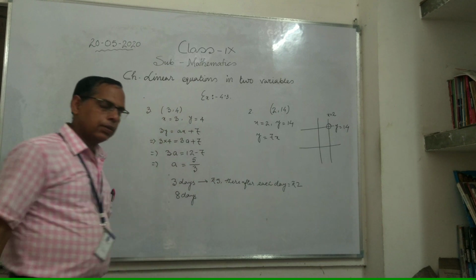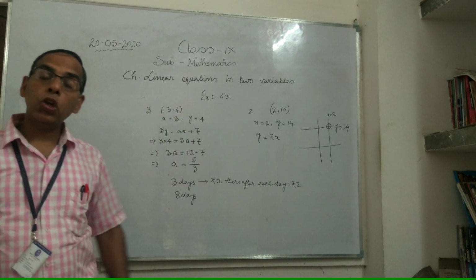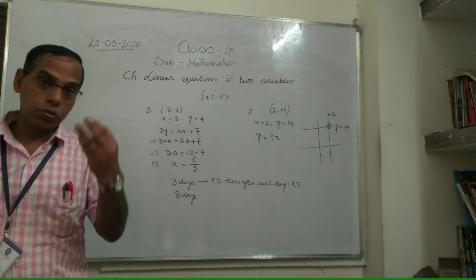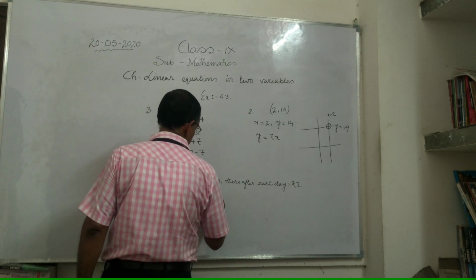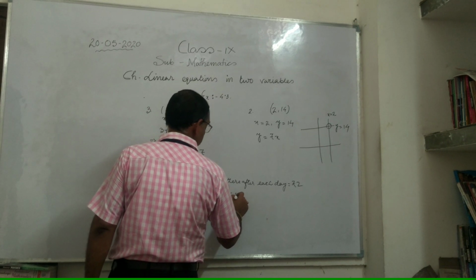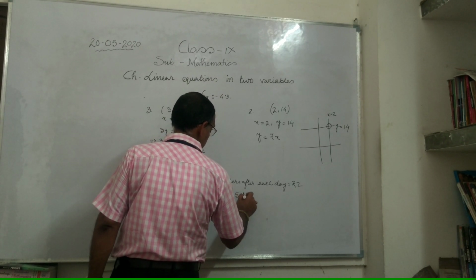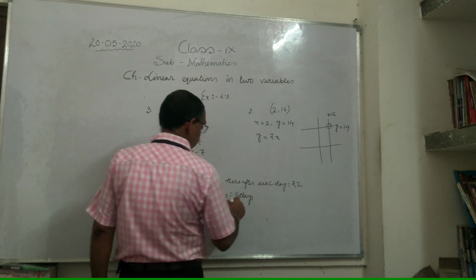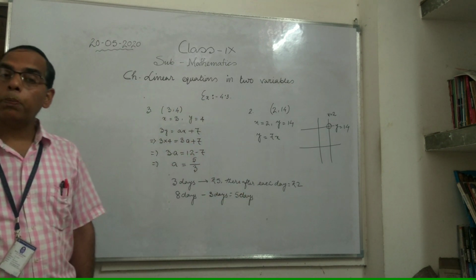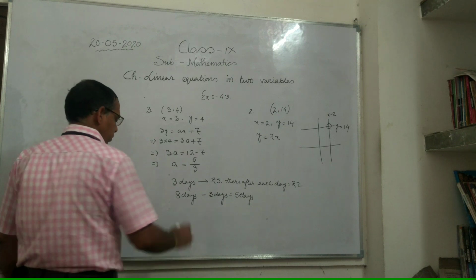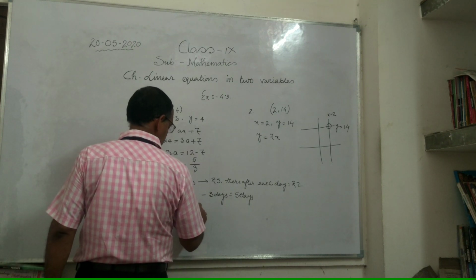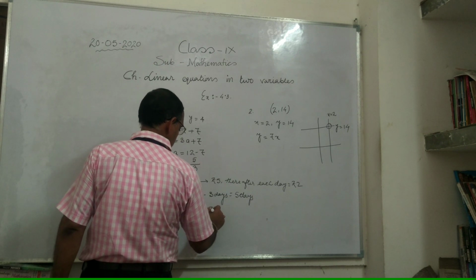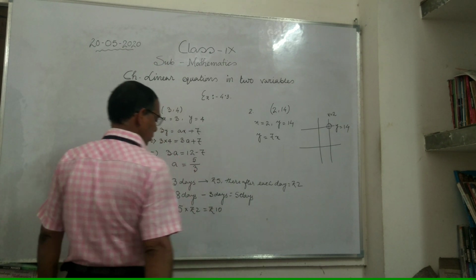Out of these 8 days, how many days do you have to pay compulsorily? 3 days. So you subtract 3 days, and 5 days are left. These 5 days, ₹2 each, so 5 into ₹2 equal to ₹10.